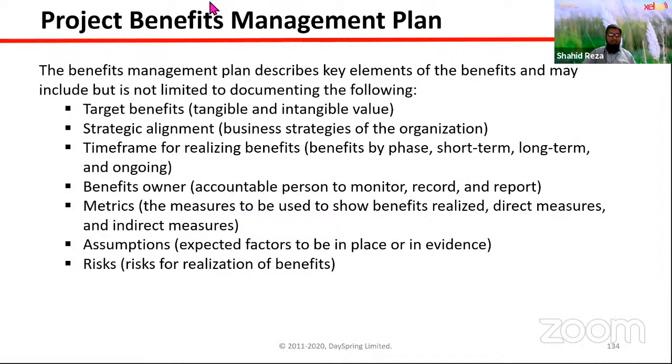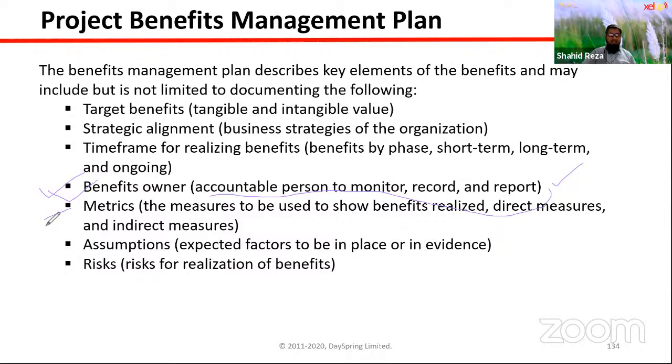This is very important. Please remember, the project team is not accountable for realizing this benefit, because after the project is complete, the project team will adjourn. They will not be there. So who will take over this? The operation team or other team. Their responsibility is to ensure the benefits. And metrics.